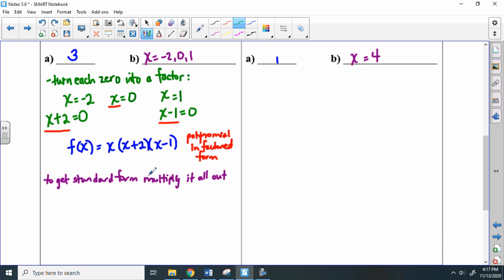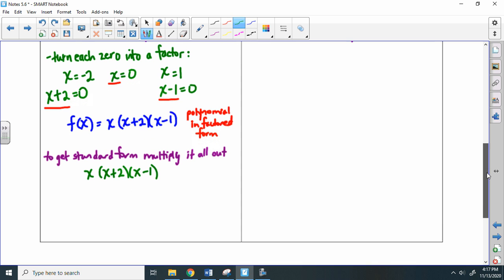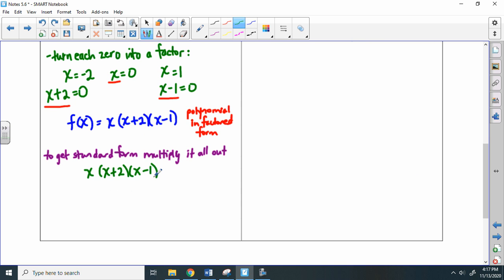You're going to have to multiply all these factors together. There really is a certain order you should do it in. You should try to FOIL your binomials together first, so we're going to do first, outer, inner, last. And then you're going to add like terms.